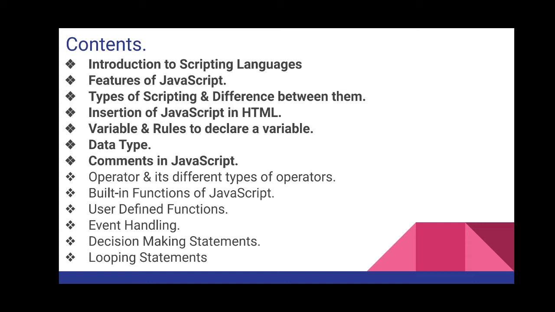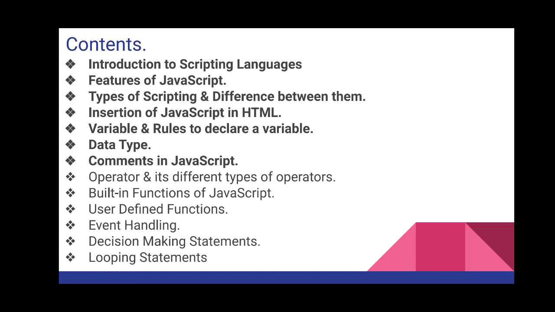And now today we will see what a variable in JavaScript is and what role it plays. Then later we will see how to declare a variable and understand the rules for naming a variable.